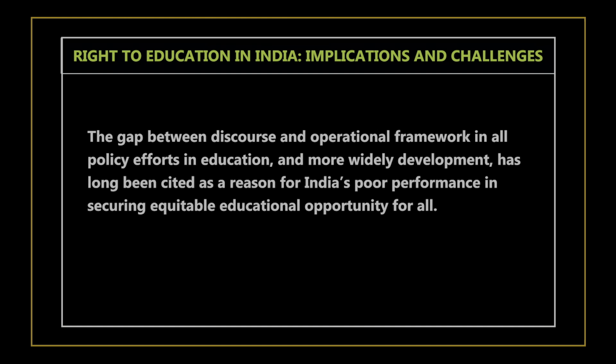The gap between the discourse and operational framework in all policy efforts in education, and more widely development, has long been cited as a reason for India's poor performance in securing equitable educational opportunity for all.